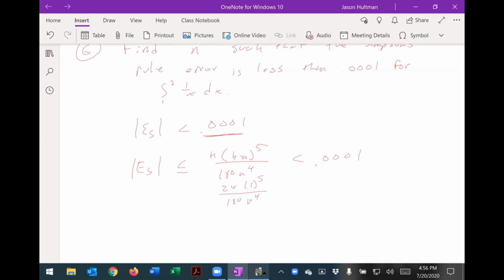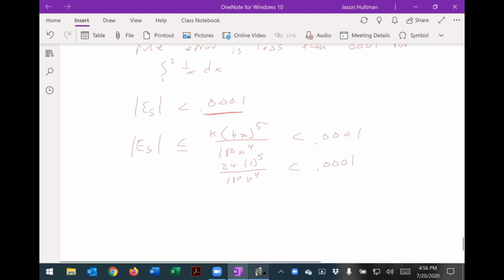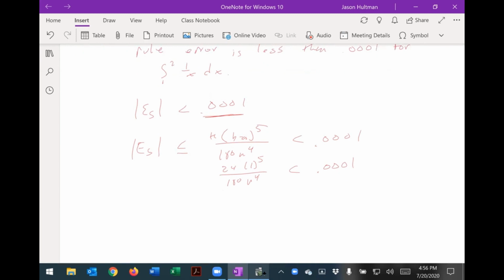I could multiply by 180 over 24 on both sides, but in this case I may want to flip things upside down first. Let's make this a fraction. This is 1 over 10,000, right? Tenths, hundredths, thousandths, ten-thousandths.